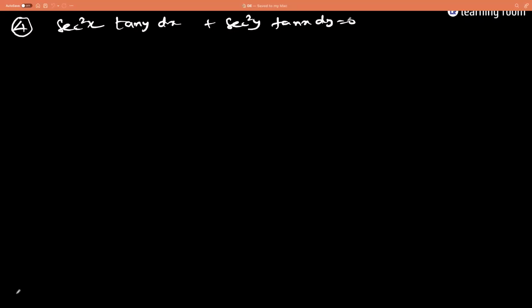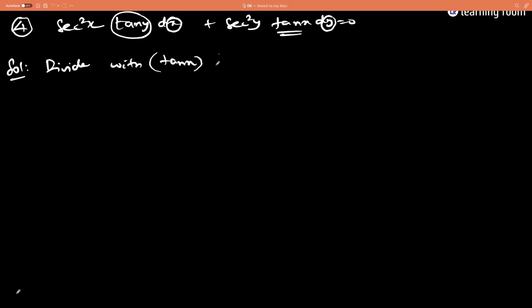So here, what we can do is, since we are having dx here, this tan y is an unwanted term for us. Similarly, when you have dy here, tan x is unwanted. So based on this, we can start the solution like this. Divide with tan x into tan y on both sides.